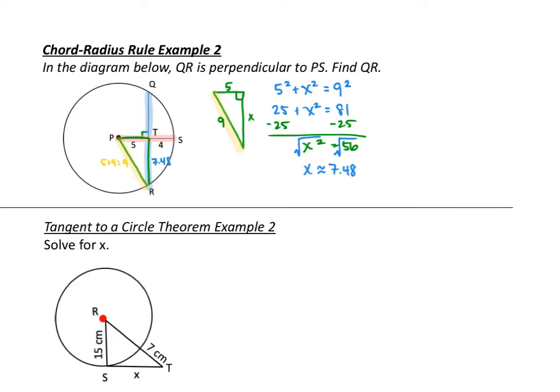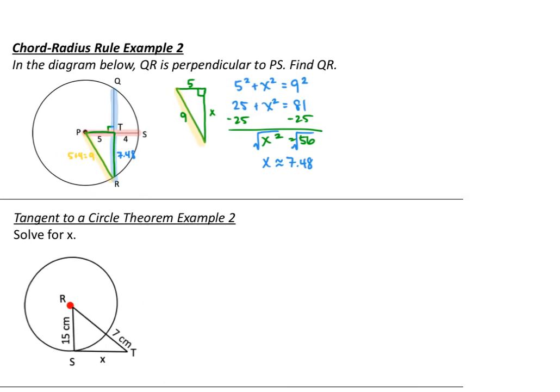So again, to write my final answer, I'm going to explain. By the chord radius rule, the radius bisects the chord.